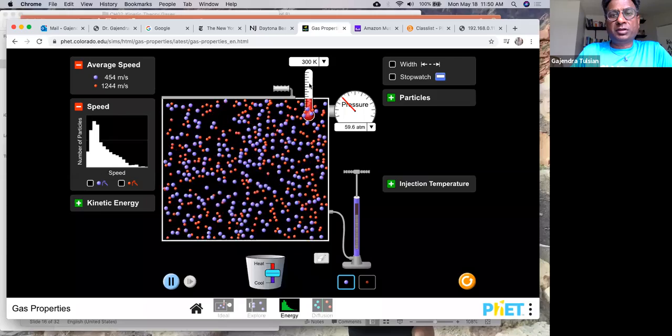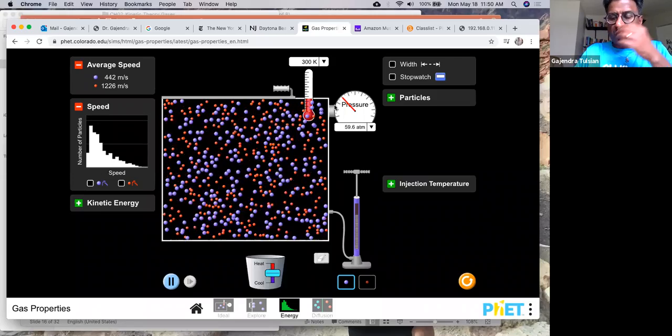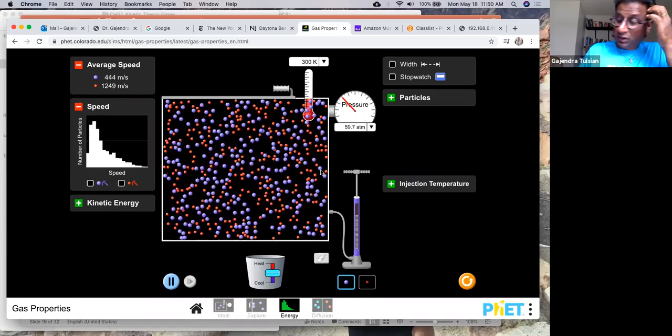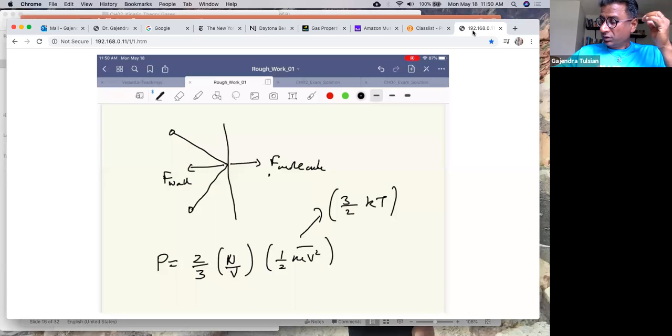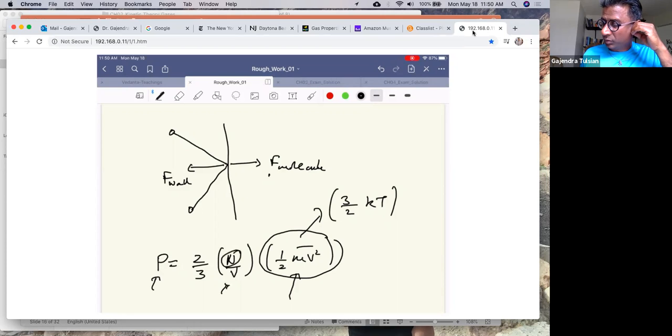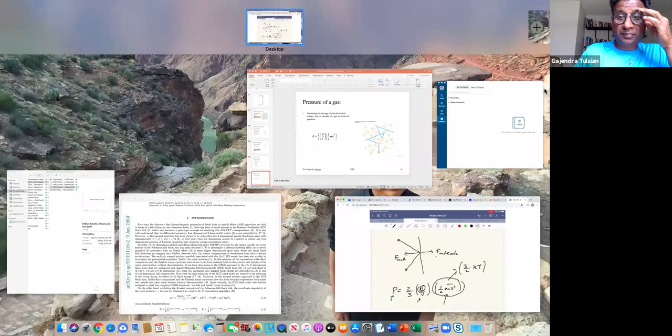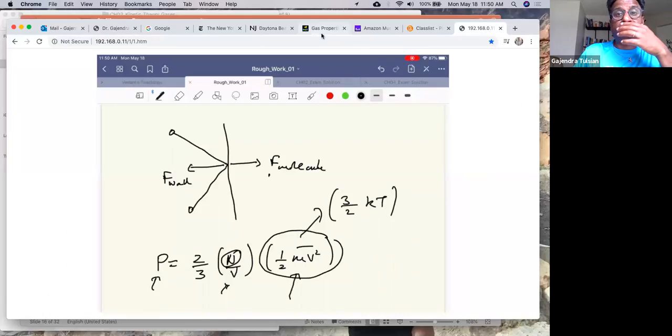So we'll keep the temperature constant. What you saw in this expression was, we're going to keep the temperature constant, meaning we're going to keep the average kinetic energy constant. So to increase pressure, if you increase the number of gas molecules in the same volume, the pressure should increase. You'll see that.